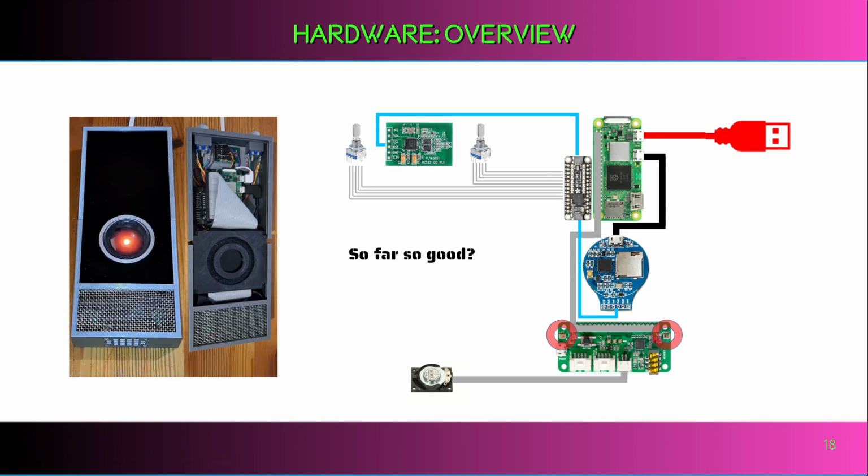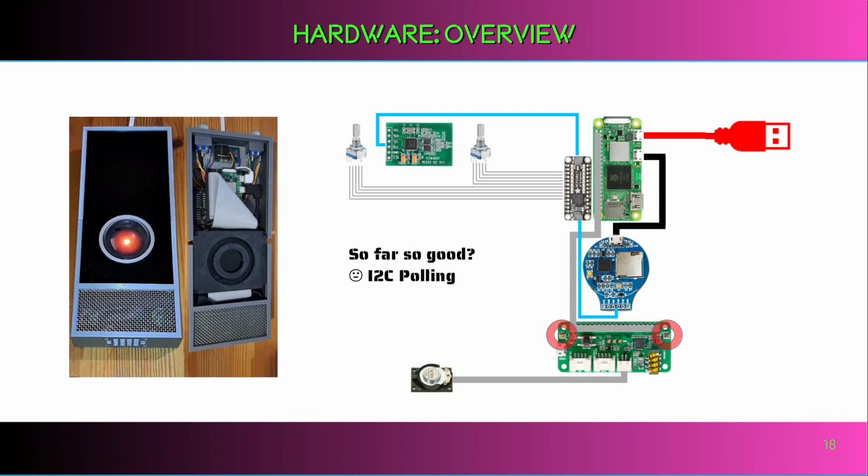But wait, there's more. There's I2C polling. I2C is a command response protocol. So there's no way for a device that has an event, like the rotary encoder, when you move it, it changes the states on the pins. I2C has no way to say, okay, hey, here's something that's happening.